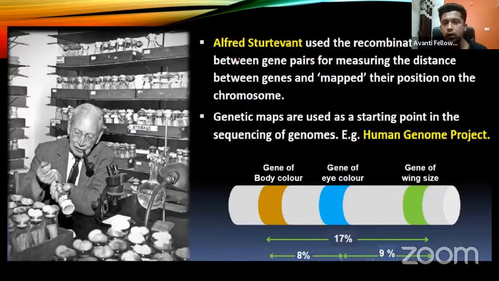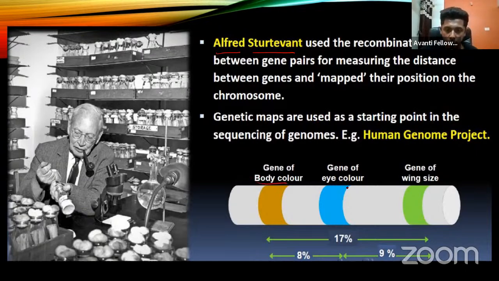A very important aspect of this experiment is that after this recombination concept was more popularized, we have Alfred Sturtevant. What he did was, based on the recombination frequency, we can take two different characteristics and understand how much recombination they are promoting.